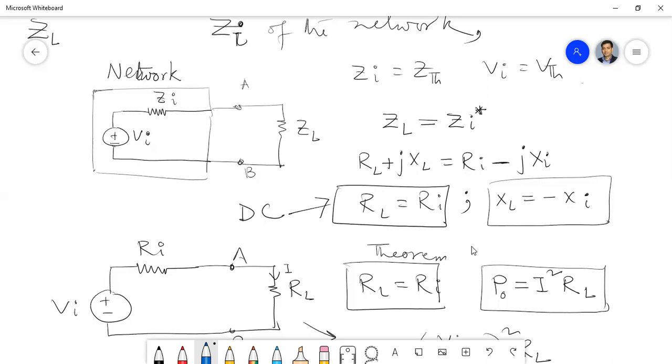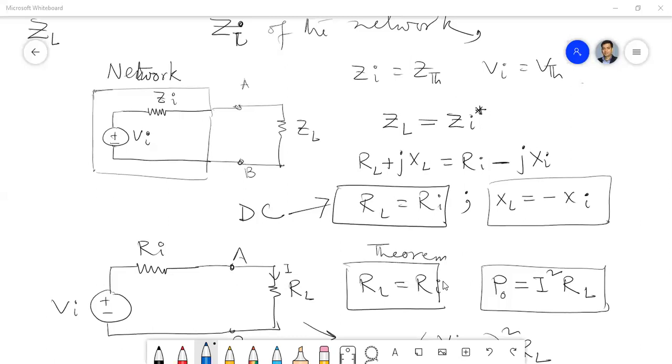That means the load reactance will be the negative of the internal reactance. What does it mean? Can anybody tell me? What do you mean by this XL equals minus XI? Let me ask, because no one will volunteer.